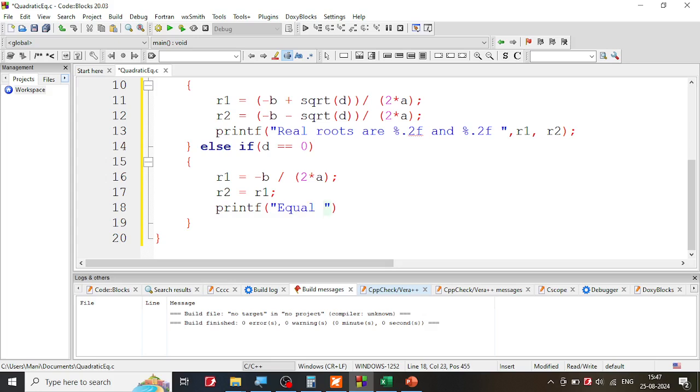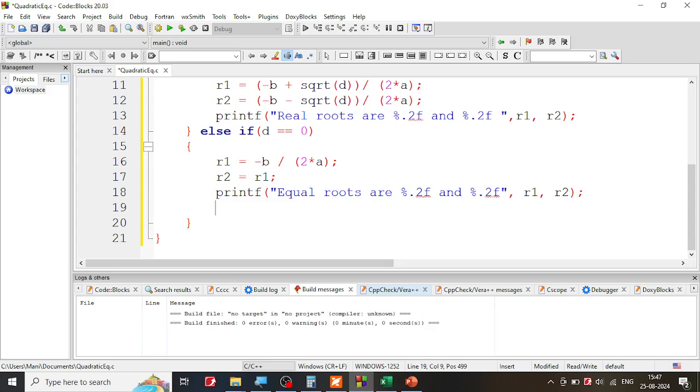Remember, you can put only one root, but I'm going to put two roots also. Equal roots are %.2f and %.2f. Then I have R1, then I have R2. So two values will be printed.